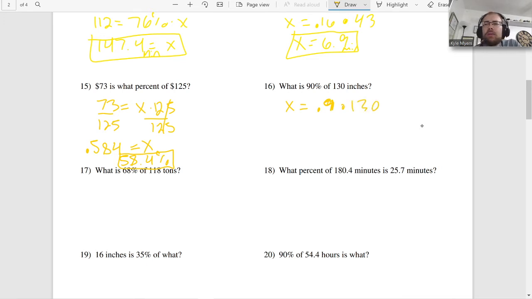Okay. Also, notice for 15, there were units. It was dollars, but we were looking for the percent. Percents don't have units. Percents are like catalysts to get from one thing to another. They're like a car.